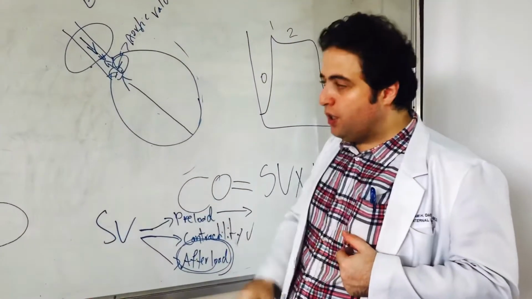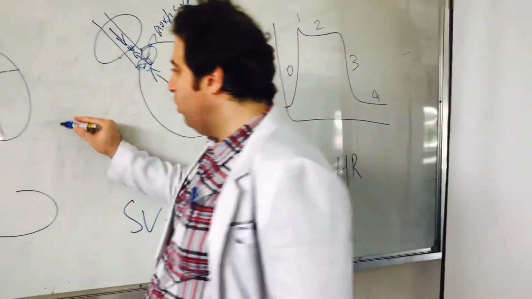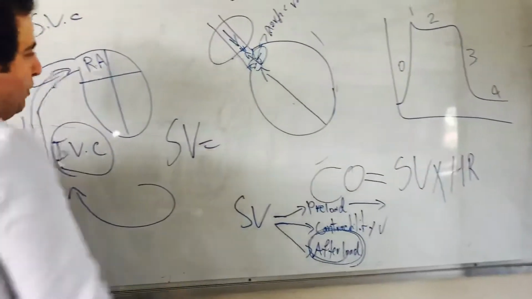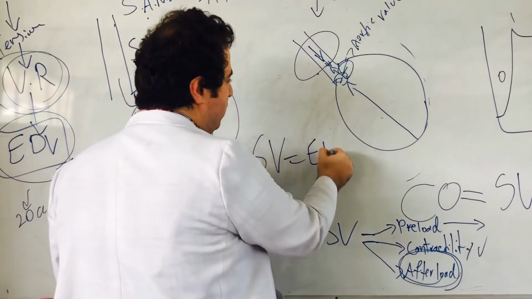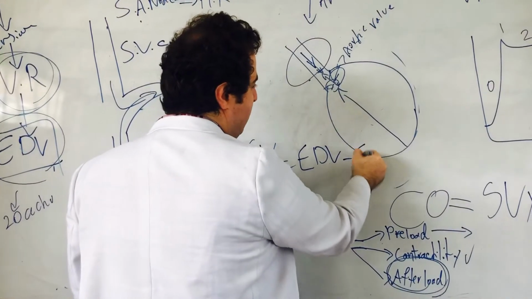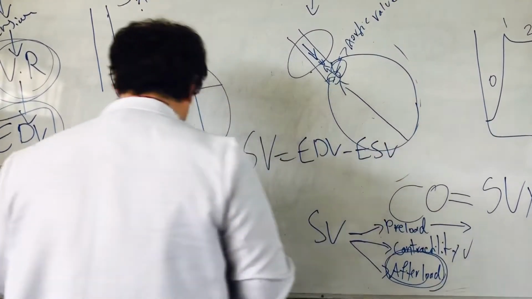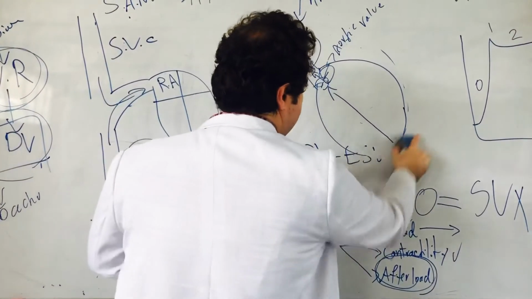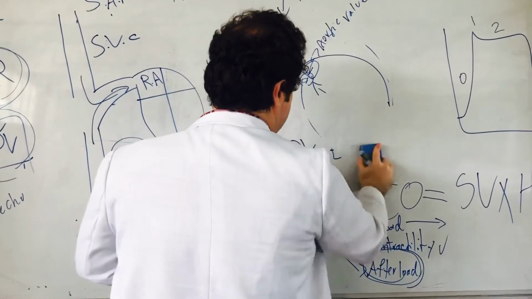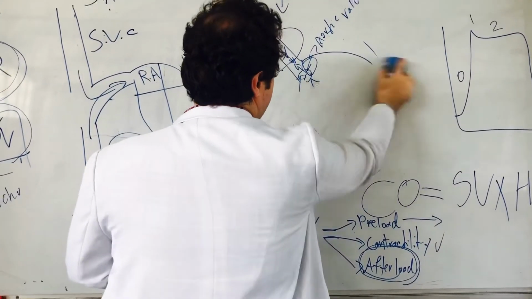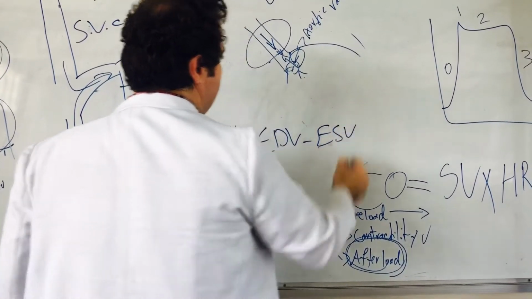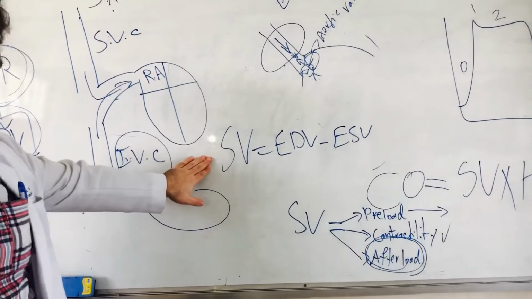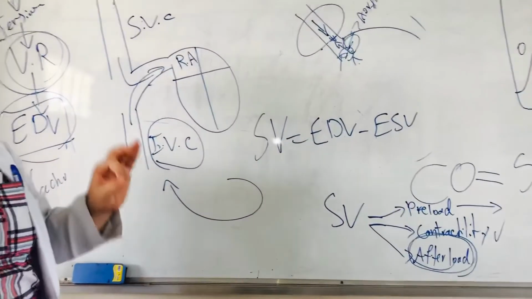So this is about stroke volume. If I want to know the number for stroke volume mathematically, stroke volume is the end diastolic volume minus end systolic volume. Stroke volume is the amount of blood which will eject during each heartbeat.